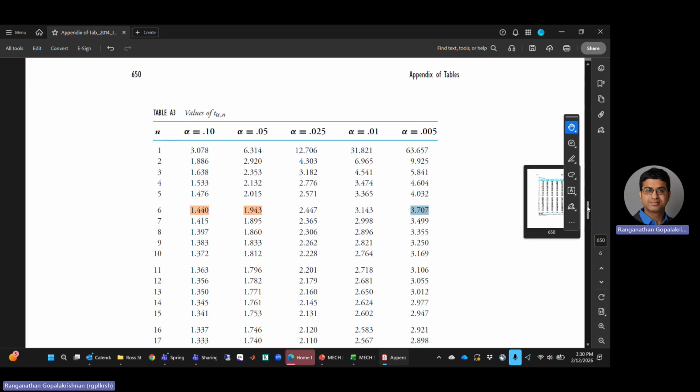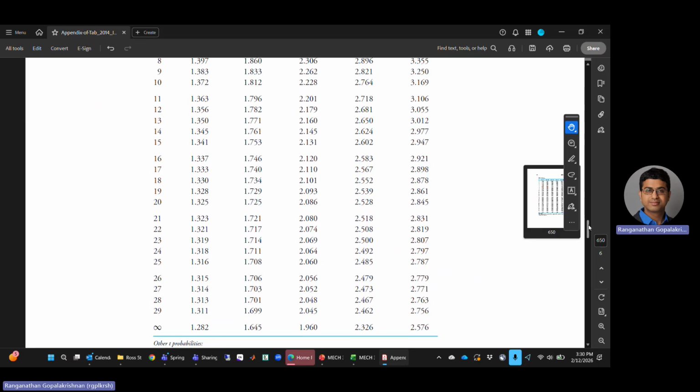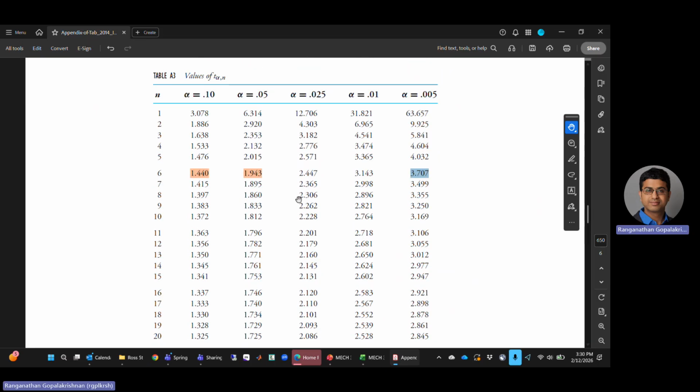One more observation. Look here. You can focus on any one column. You don't have to look at all 5 columns. Look at any value of alpha and tell me what happens as n gets larger. Let's talk about alpha equals 0.05.